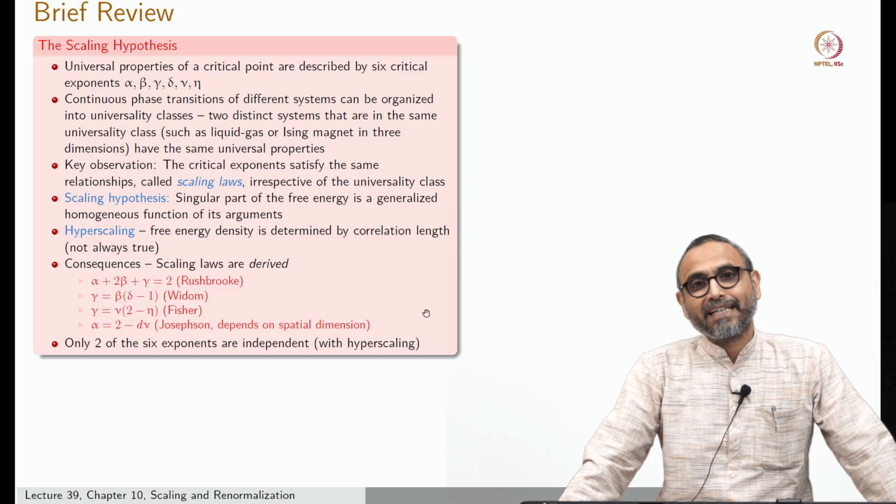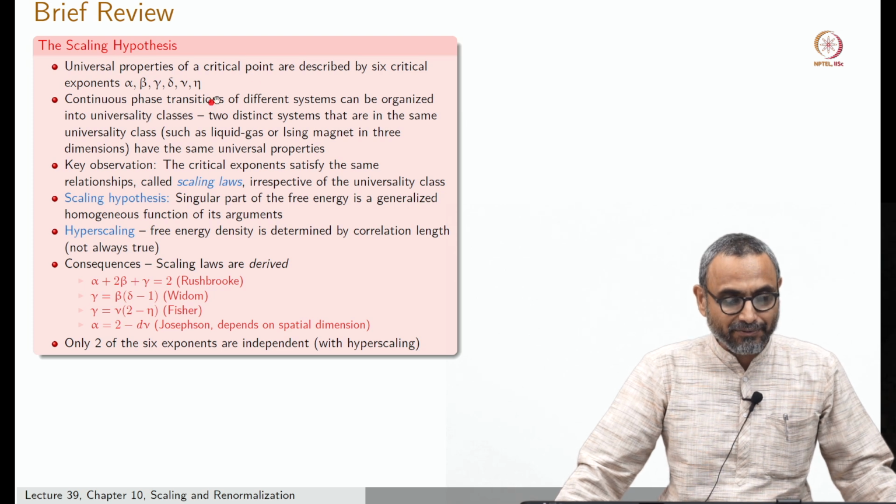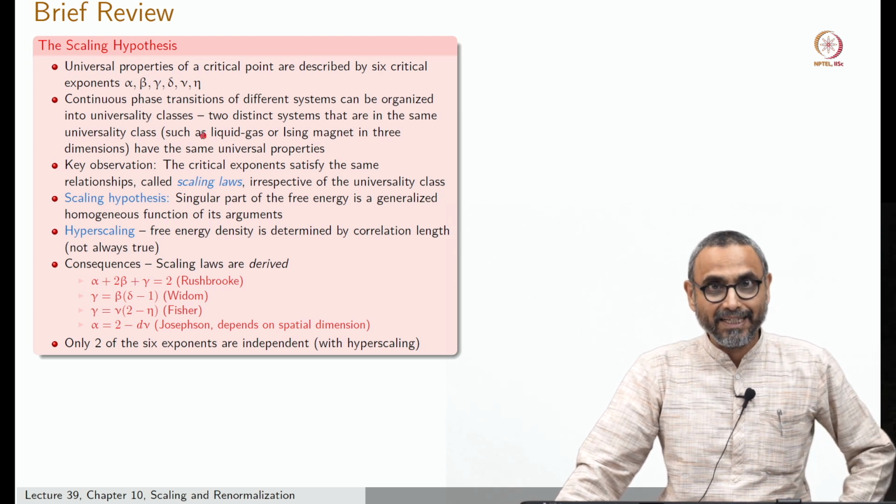So the upshot is that among the 6 critical exponents that we know, only 2 are independent.